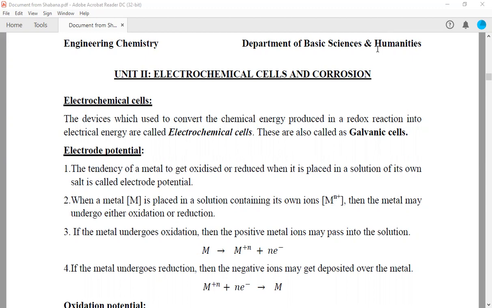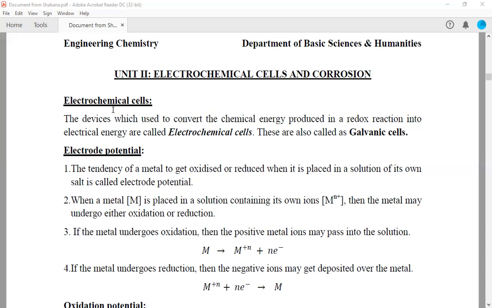First, we have to know the difference between the electrochemical cell and the electrolytic cell. What is an electrochemical cell and what is an electrolytic cell? The electrochemical cell is a device which converts chemical energy. The name itself indicates it: electro and chemical. That means we have to know which energy is converted to which energy.